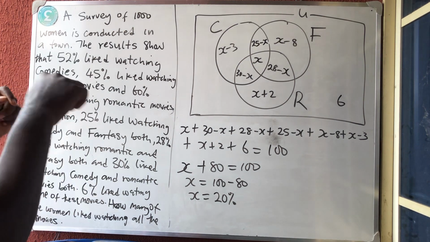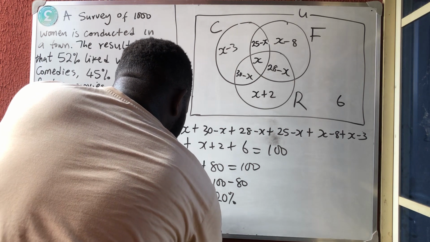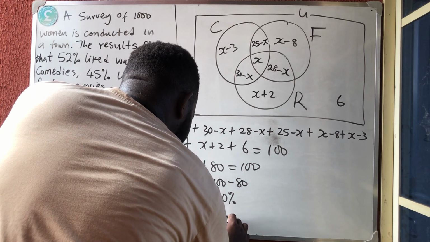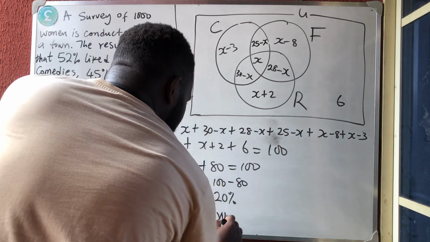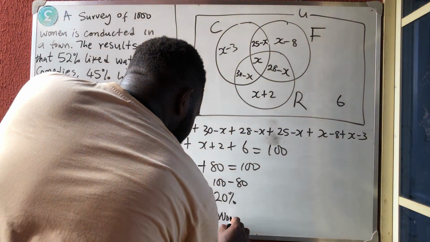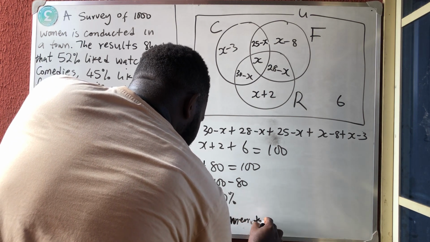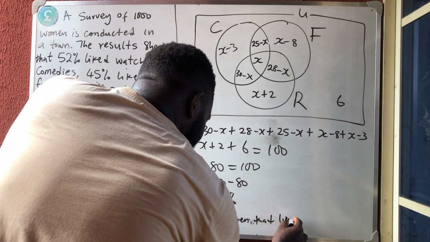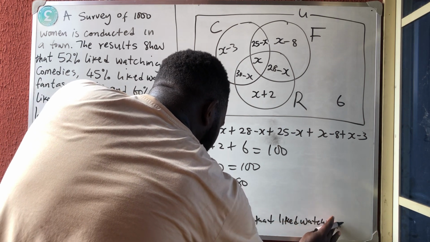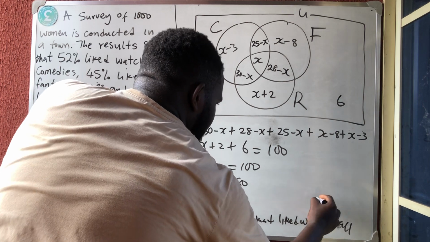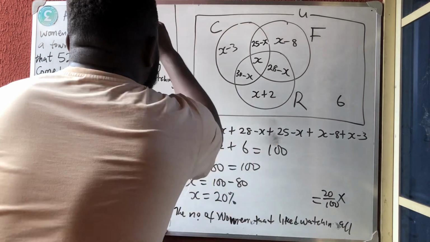But the number that like watching the three of them now should be what? The number of women. So the other one is supposed to be the percentage of the number of women, please. So the number of women that liked watching all should be equal to, please let me solve it here, 20 over 100 times that 1,000.